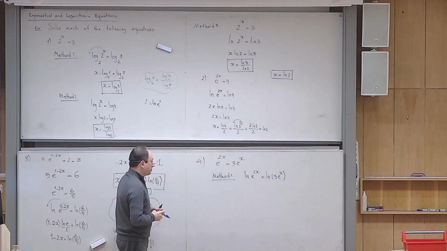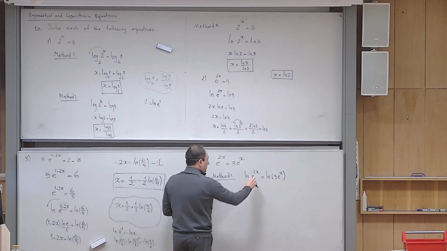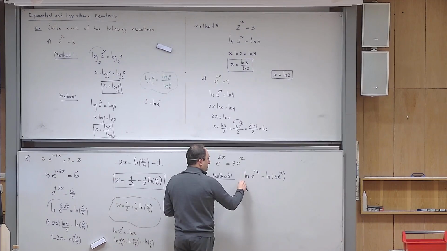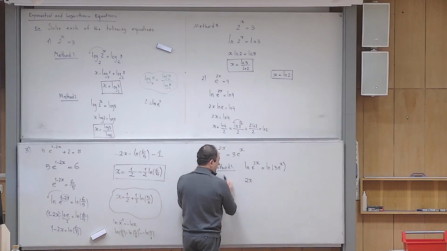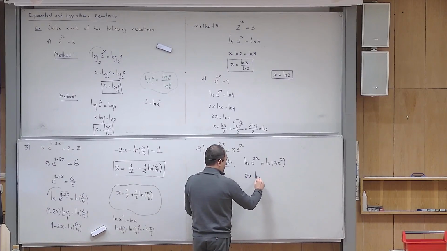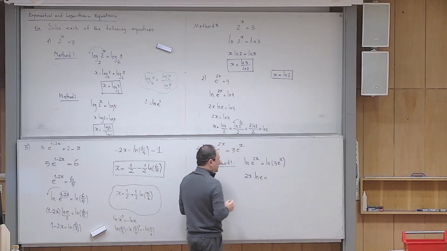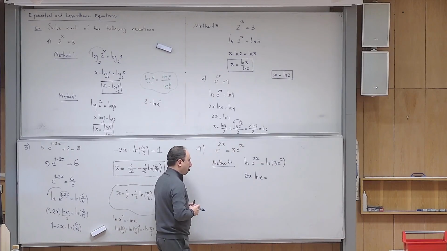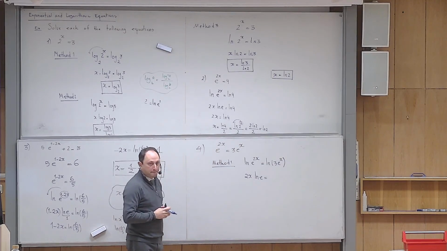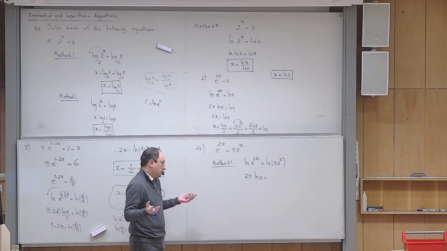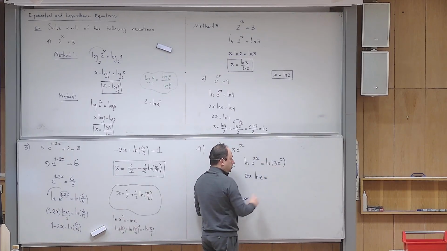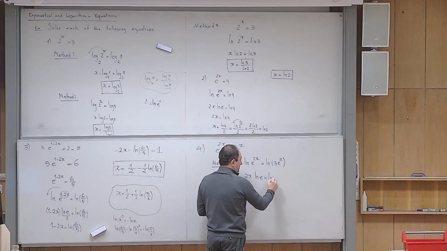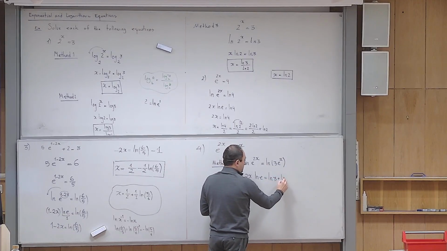Yes, it seems it's working because now this 2x goes to the front. It becomes 2x ln of e. What is your suggestion for the right hand side? It becomes ln of 3 plus. That's the only thing I can do. That's a product. ln of a product can be written as the sum of 2 ln's, yes?